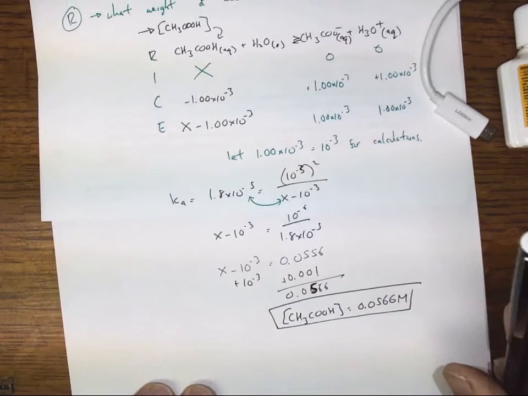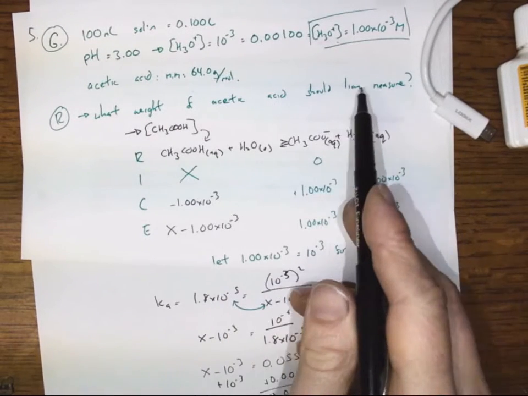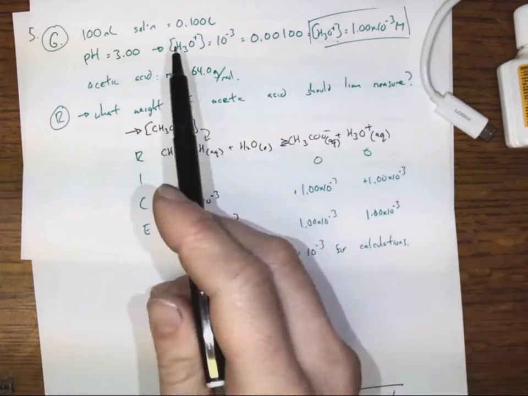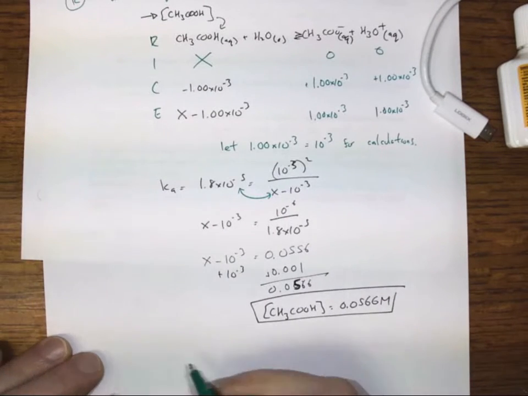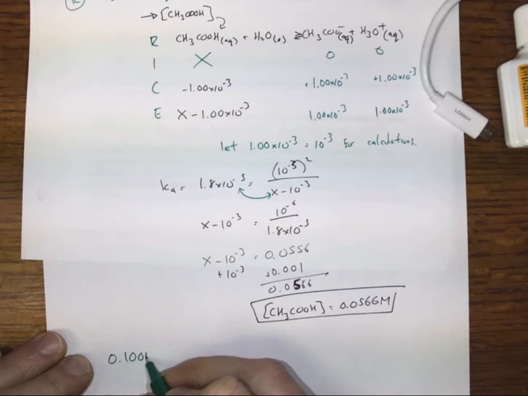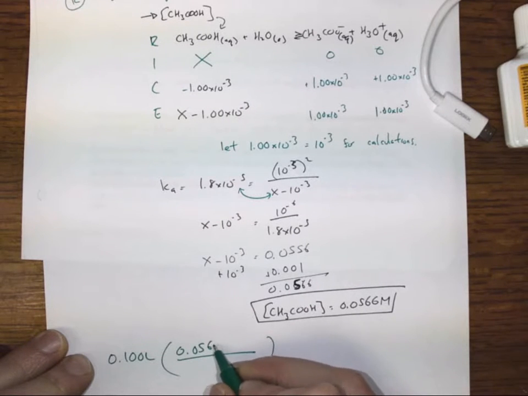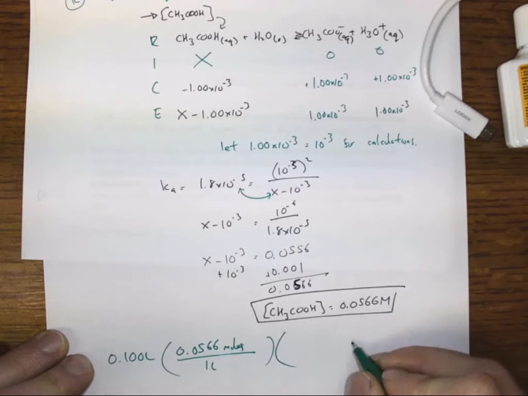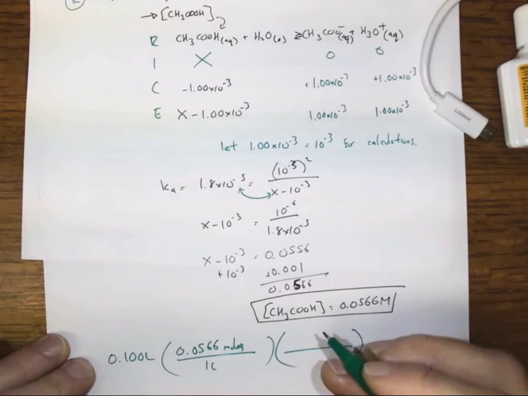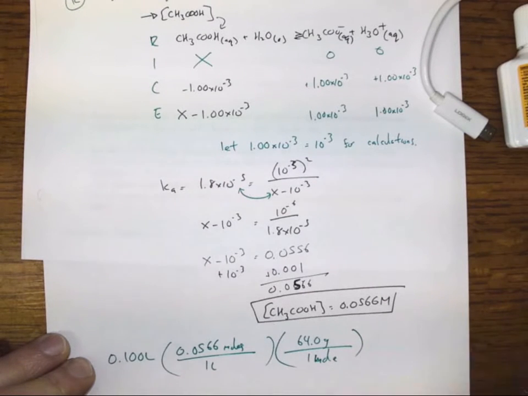All right. And that's not what we were asked. We were asked what's the weight of acetic acid that Liam should measure. However, we know the volume, we know the molar mass, so at this stage things get pretty straightforward. So we have 0.100 liters times 0.0566 moles for every 1 liter, and we'll multiply that by the molar mass, which is 64.0 grams for every 1 mole.